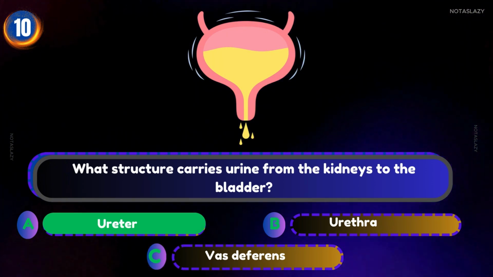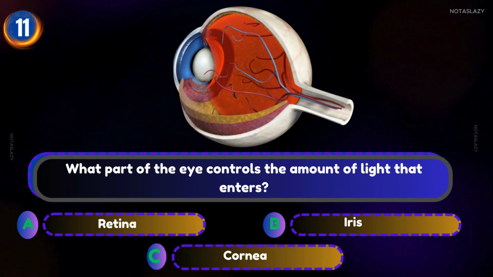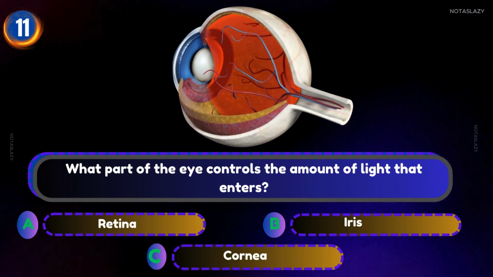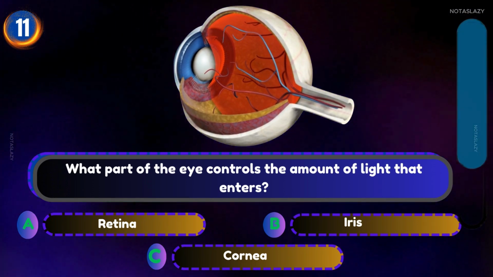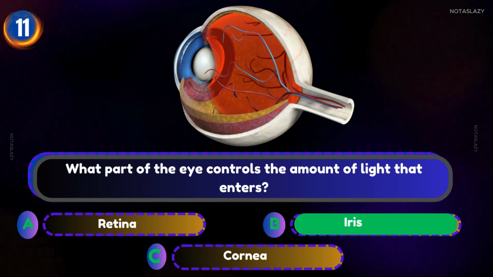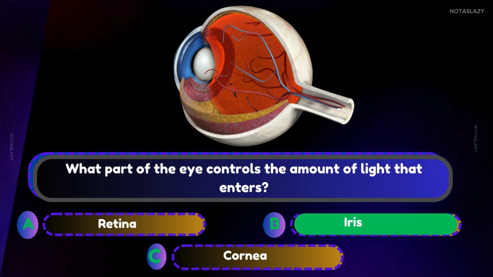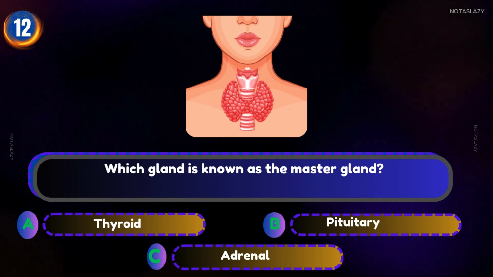Ureter. What part of the eye controls the amount of light that enters? Iris. Which gland is known as the master gland?